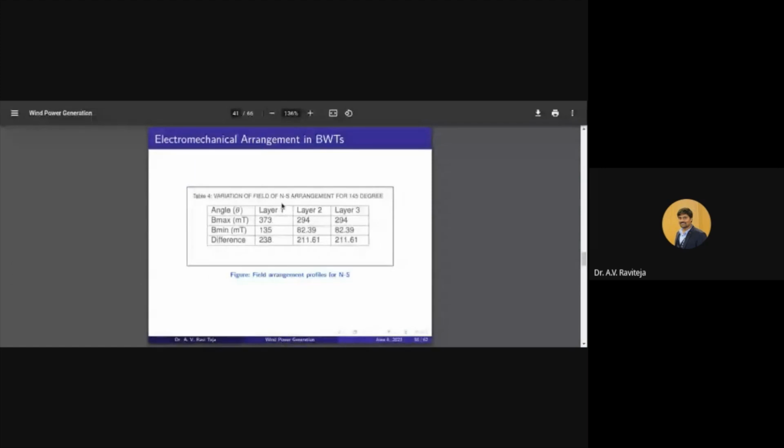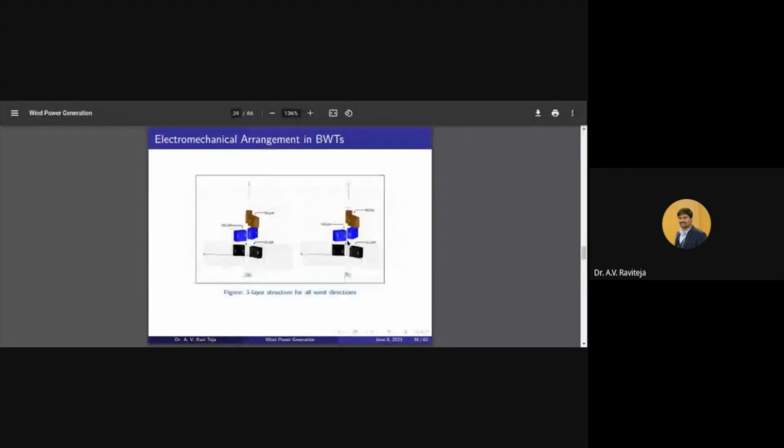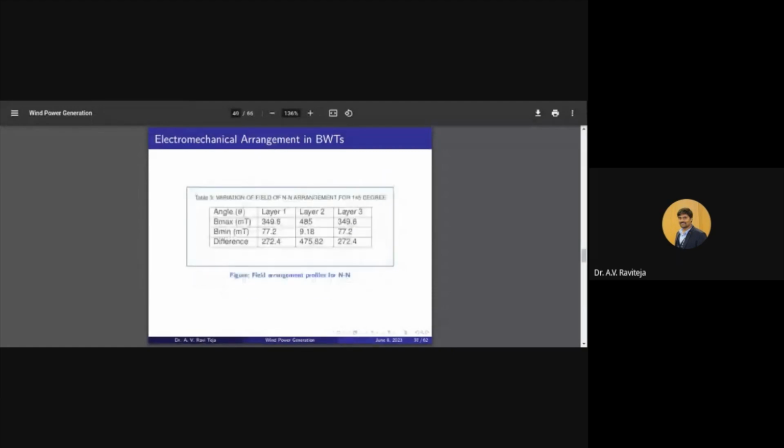Whereas if the first layer is north, and in the second layer I keep the south pole at 120 degrees, but in that layer two magnets at 145 degrees, then we are getting lesser flux change. So we propose the NN arrangement, north to north at 120 degrees in different layers. In a given layer, two magnets with 145-degree displacement. Then we'll get maximum flux change.